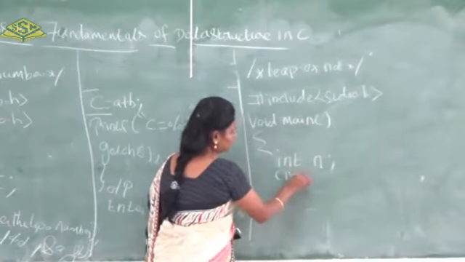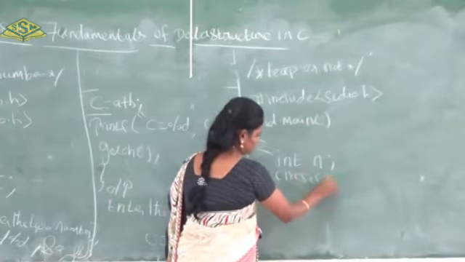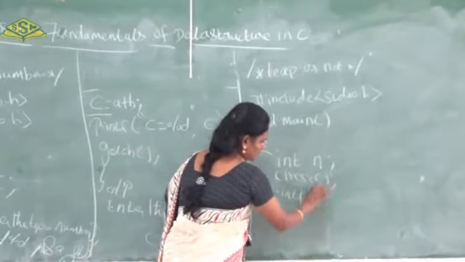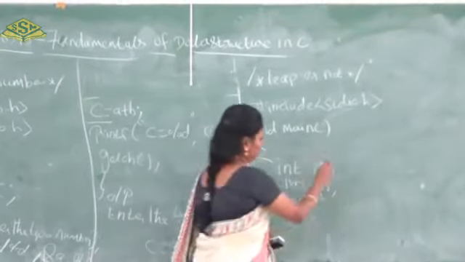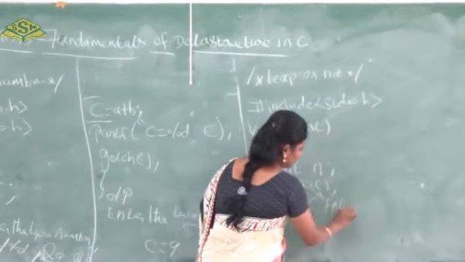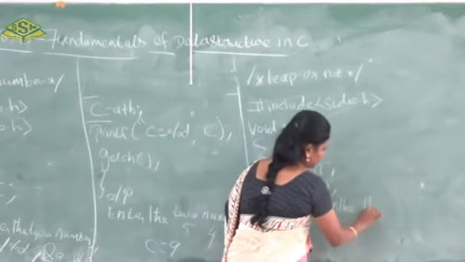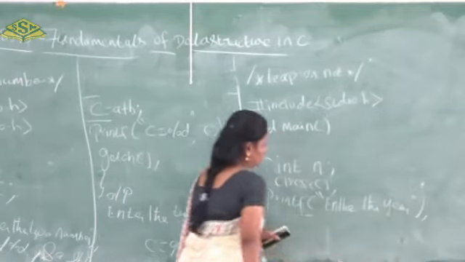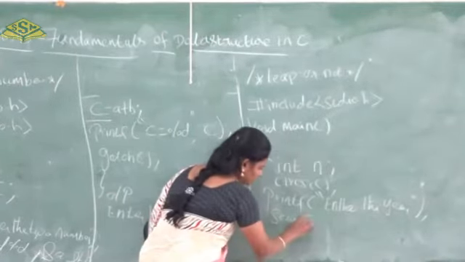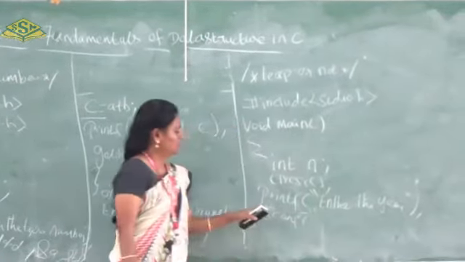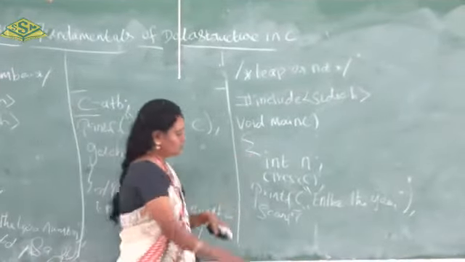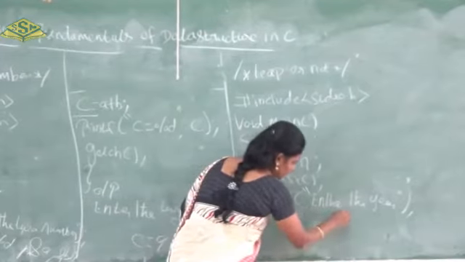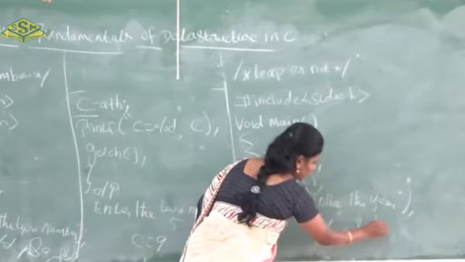After that we have to clear the screen. Then in the printf statement, within double quotes, I am giving "enter the year". Then in the scanf statement I am getting n, so we include %d, and then &n.